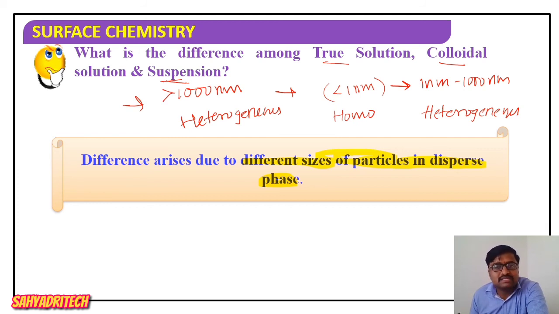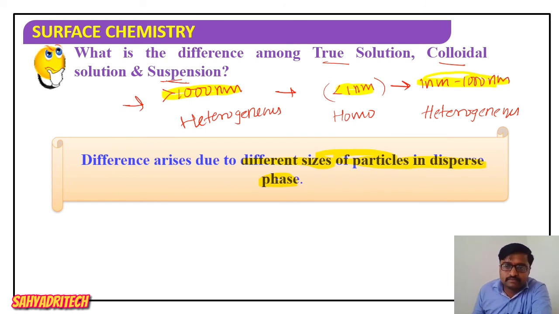True solutions: the size of the particle is less than 1 nanometer, while colloidal solutions: the size is in the range of 1 nanometer to 1000 nanometer, while suspensions: the size will be greater than 1000 nanometer. So as the size of the particle differs, we get different types of solutions.